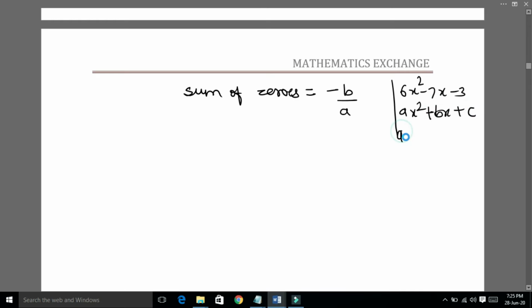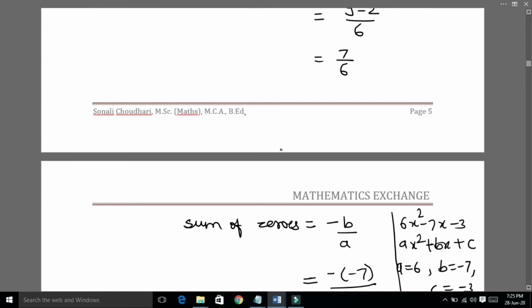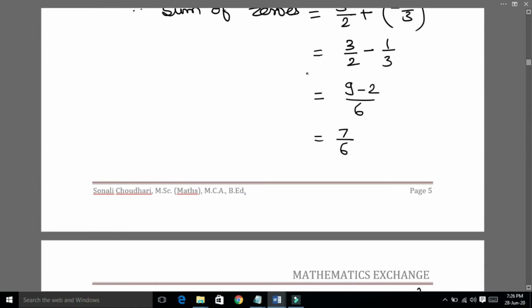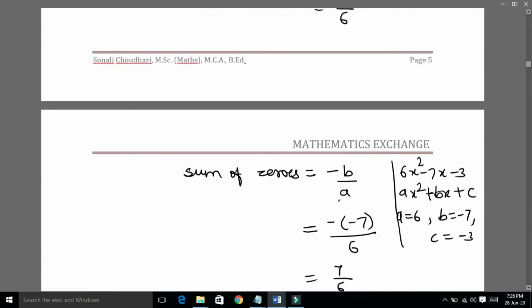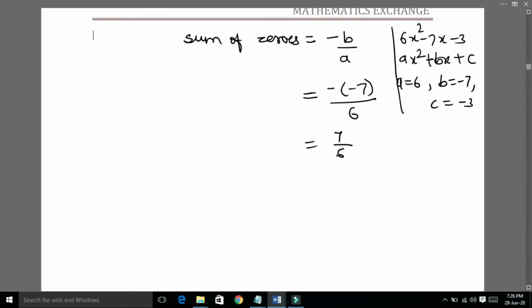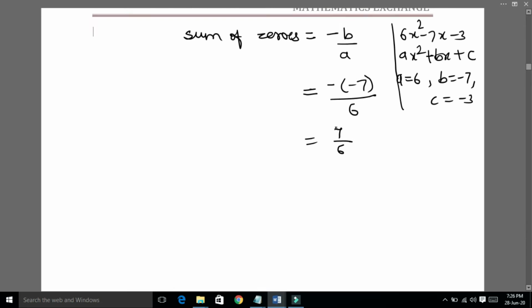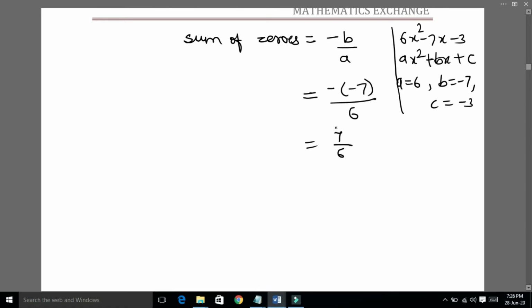So we get the values of a, b, c: a is 6, b is minus 7, and c is minus 3. Now we substitute the values. b is minus 7, so minus of minus 7 upon a, which is 6. Minus of minus is plus, so 7 by 6. By actually calculating the values of the zeros, the sum of zeros, we get the same value. We get 7 by 6, and by the formula we get 7 by 6. Hence the sum of zeros is verified.